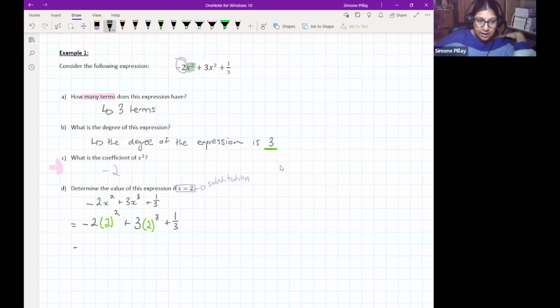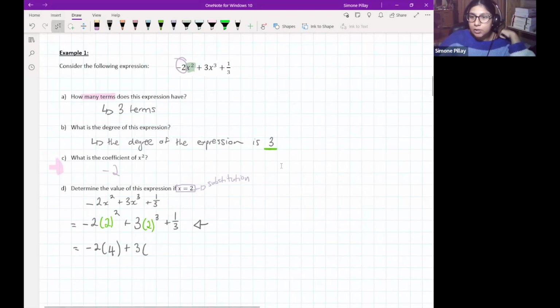Okay, and now, can you see, I don't have any variables left in my expression. And the minute I don't have any variables left, I can multiply out and do my exponents and get an answer. And so that's what I'm going to do now. Let's deal with my exponents first. This is going to be negative 2 times 2 squared, which is 4, plus 3 times 2 cubed.